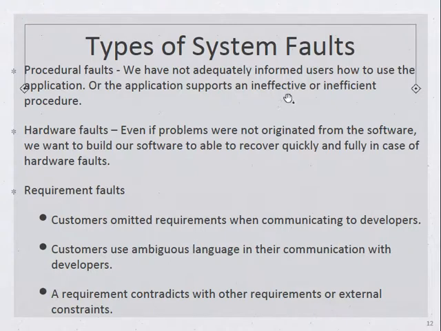Ineffective means it doesn't do things well, and inefficient means it doesn't do it as fast as it should. Or there was no problem with the procedure, it's just that we did not inform our users about how the procedures should be carried out with the applications we give them. So that is something to do with procedural faults.